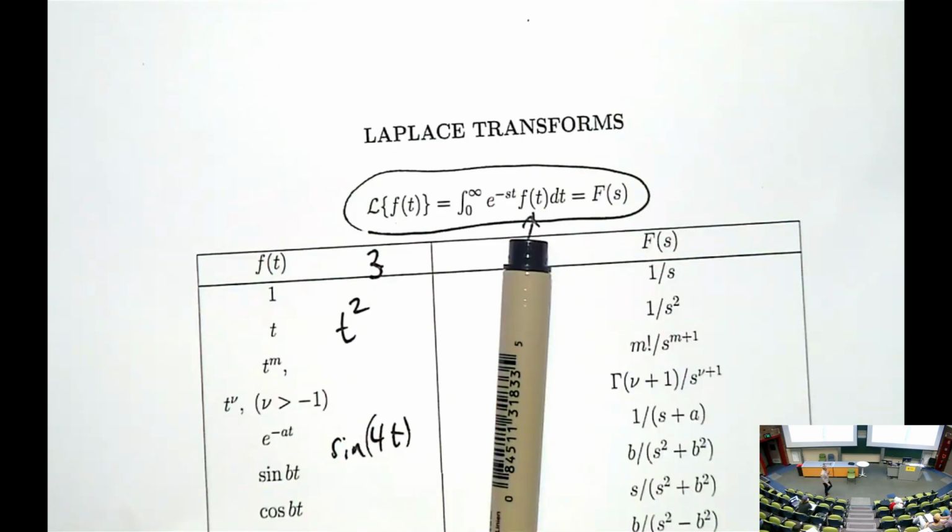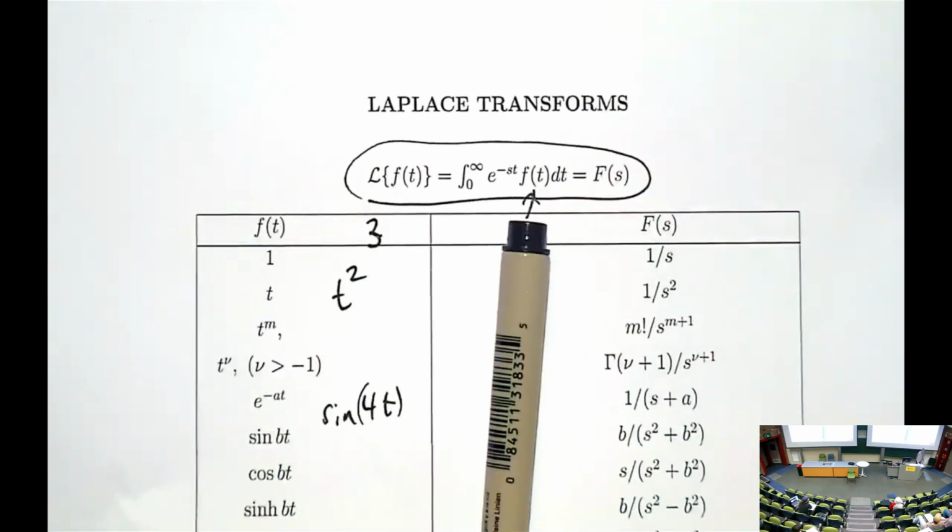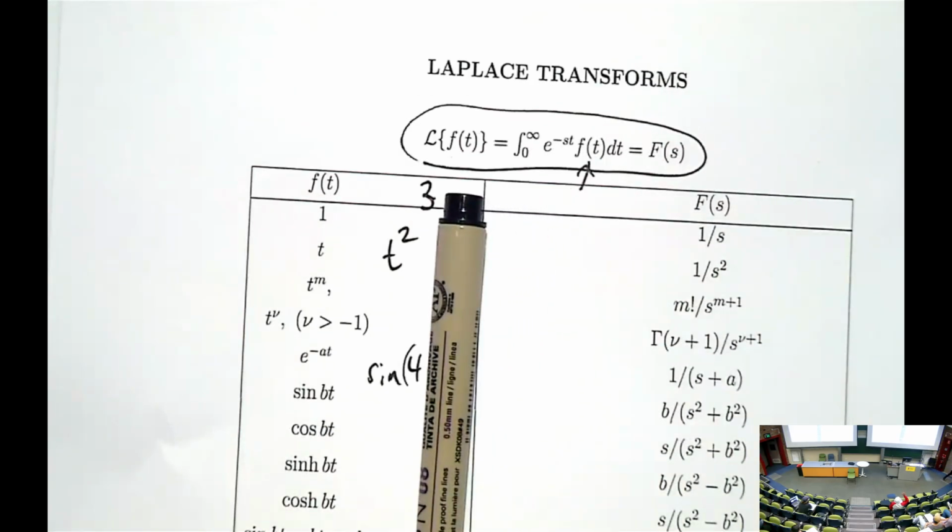You don't want that. So, get to know this table. It's like a formula sheet. Use it. Don't wait till the night before to understand how to use it, because it's just too much of a risk.